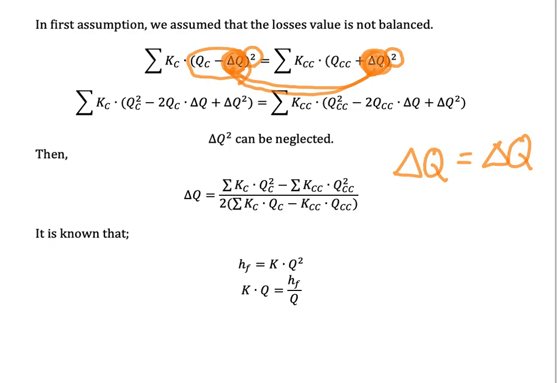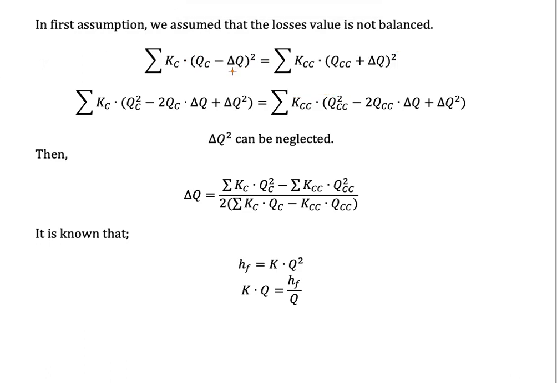Then we need to expand this term so we could get this one, and simplify it. Because delta Q is very small, if we square the amount, it will become even smaller, so we can neglect the delta Q squared here.